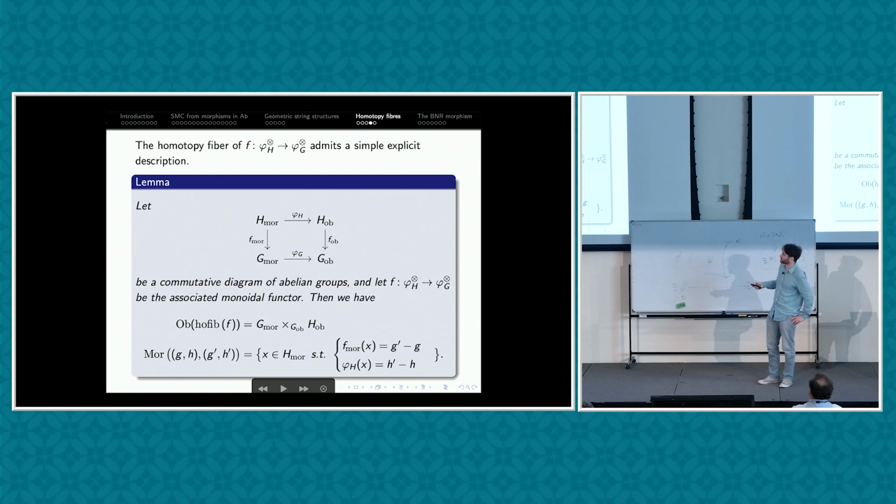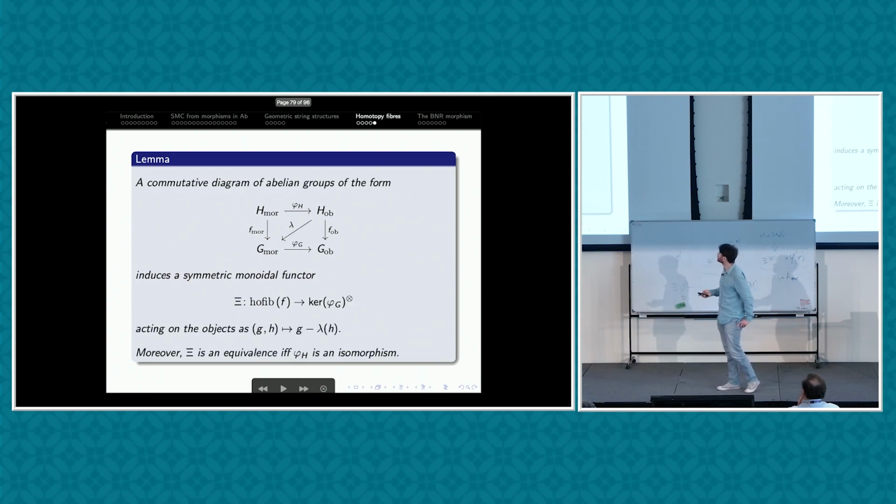So it's just this fiber product. And morphisms are also very explicit: they are morphisms between pairs, that are morphisms both for the G's and for the H's. So everything is completely explicit, but there's some good news.